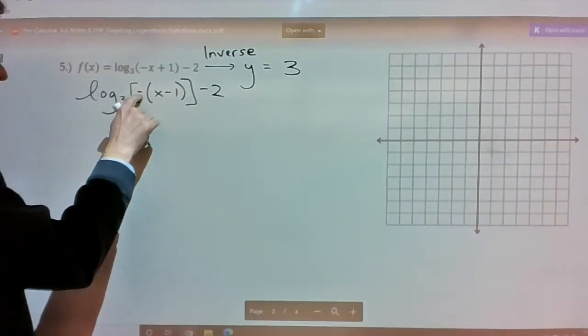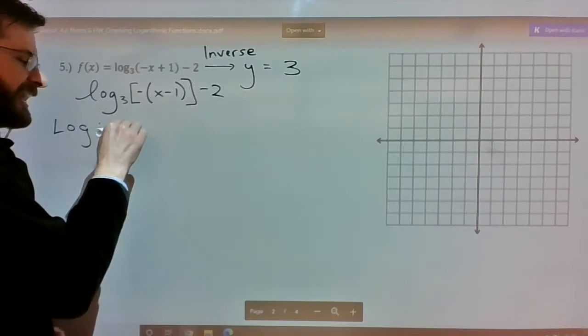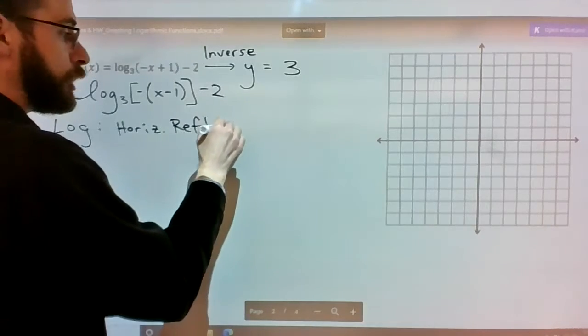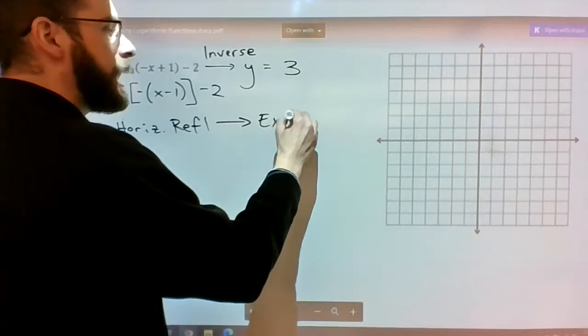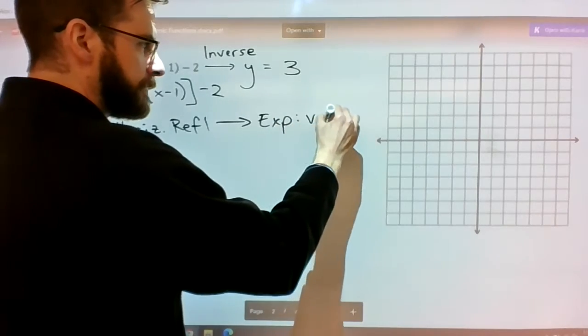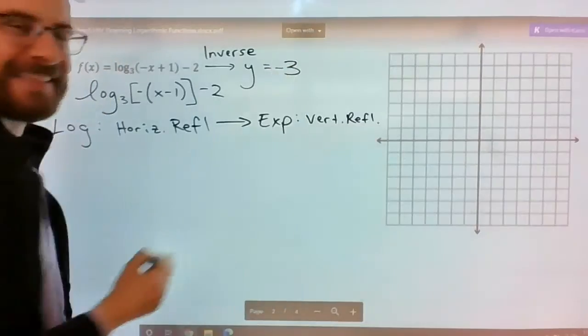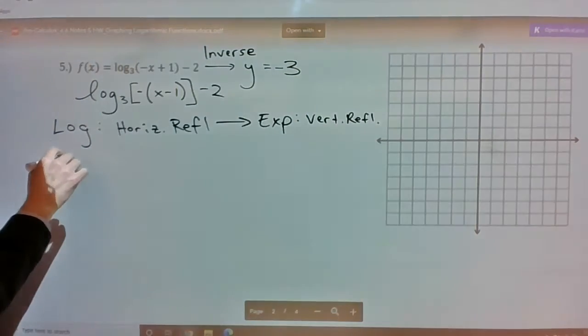So the negative on the inside means the log has a horizontal reflection. If the log has a horizontal reflection, then the exponent has a vertical reflection. So the vertical reflection is outside of the power, outside of the base.